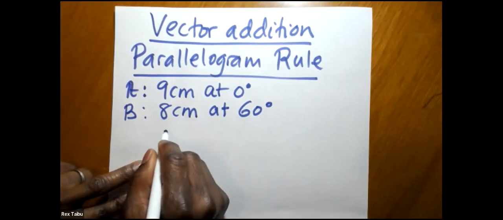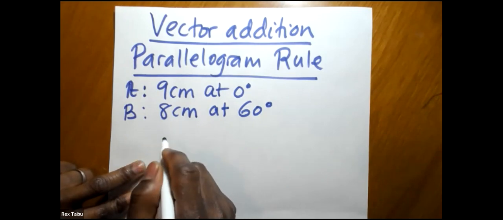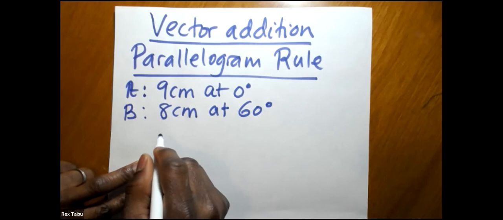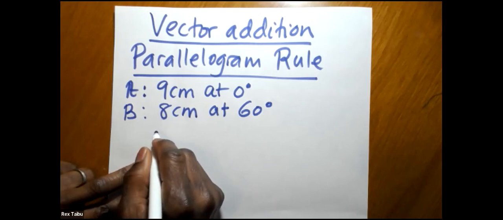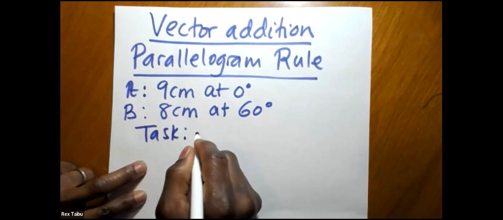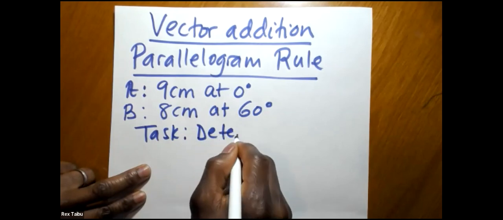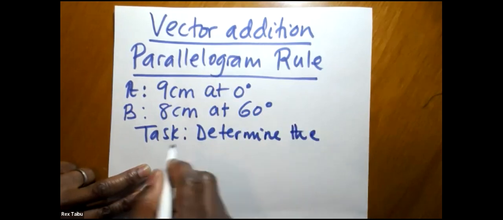So our job is to find the resultant. We are going to determine the resultant of adding vector A and B. We are looking for the sum of A and B. So your task is to determine the resultant vector.